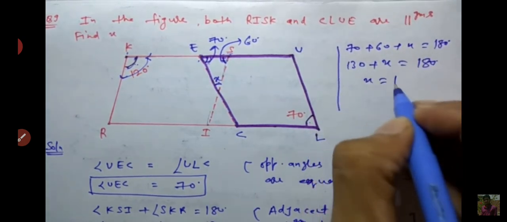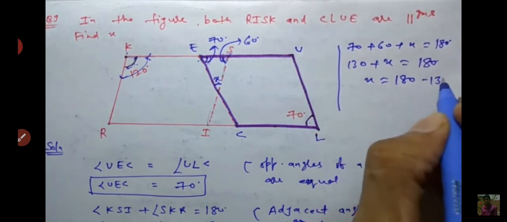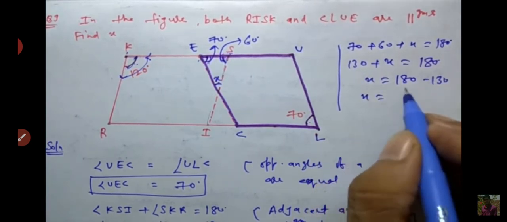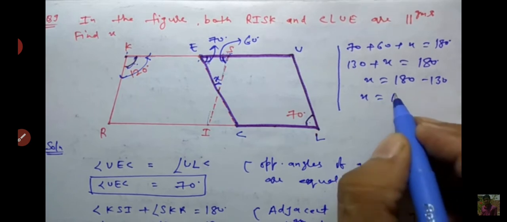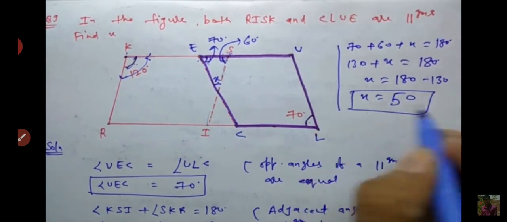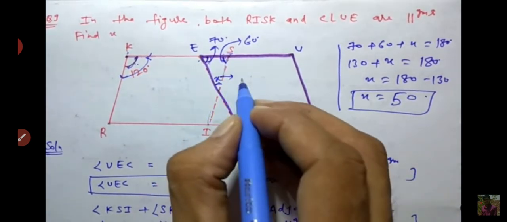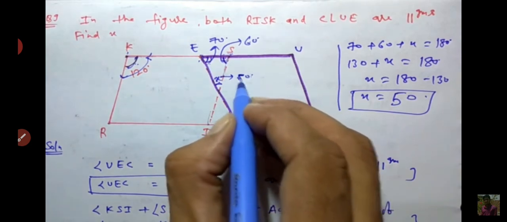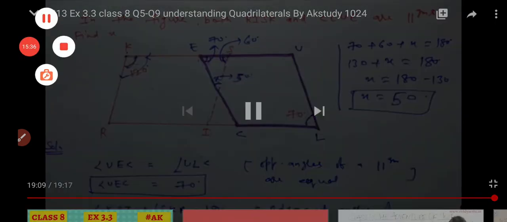So x is equal to 180 minus 130, because 130 is transposed to the right hand side. So x is equal to 50 degrees. Understand? Okay, so this way you have to find it.